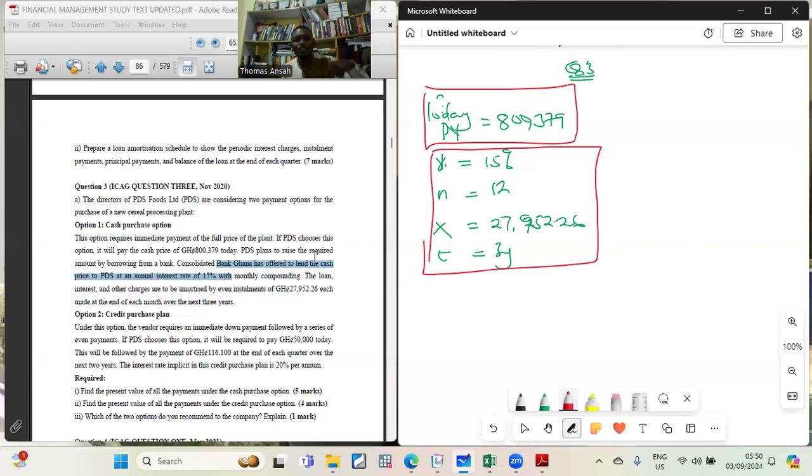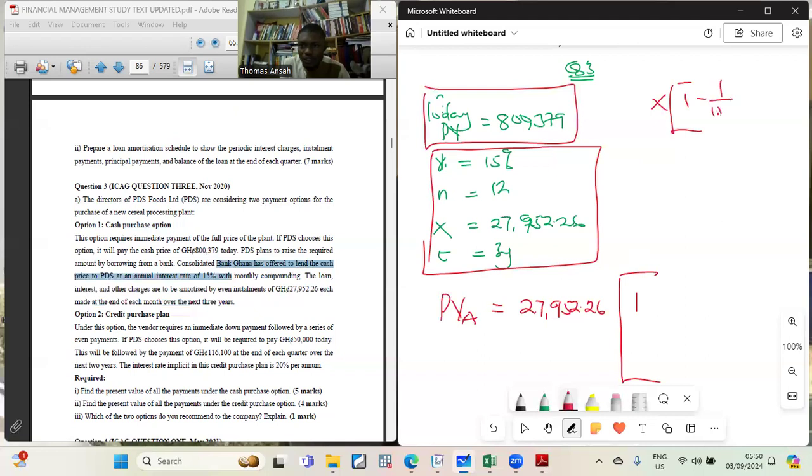We know that you are looking for a PVA, and you already have your information as to even installment of 27,952.26. So if you are applying the formula, the formula inside there is always like this: 1 minus 1 plus r raised to the power nt, where r is over n.